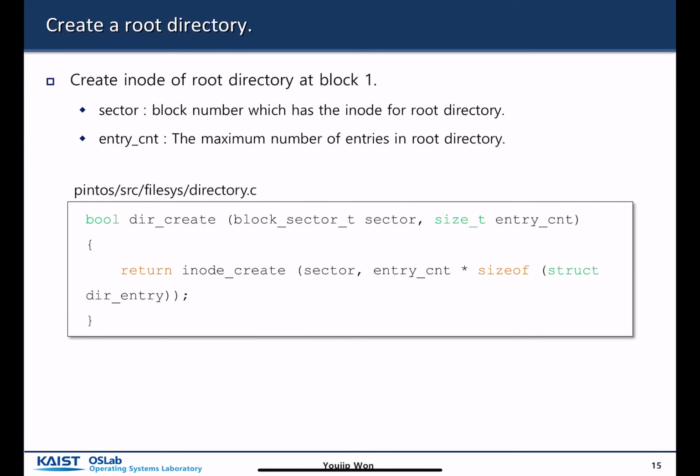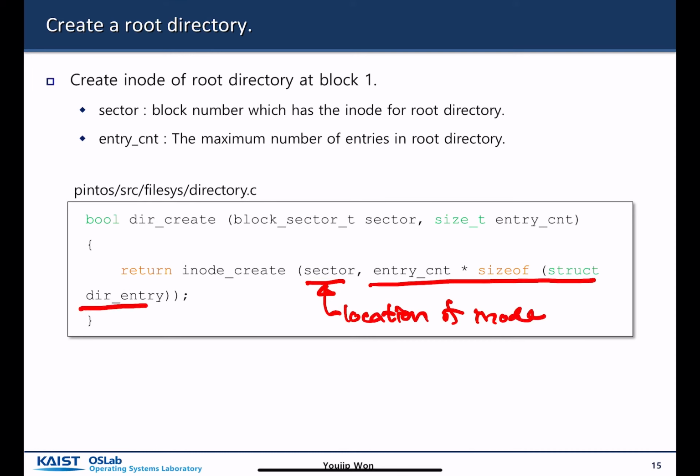Next thing is creating a root directory. Creating a root directory corresponds to creating an inode for the root directory, at this location of the inode, with the size of the directory entries.